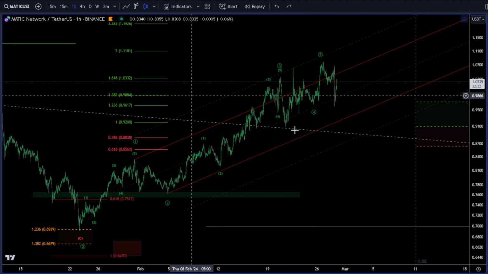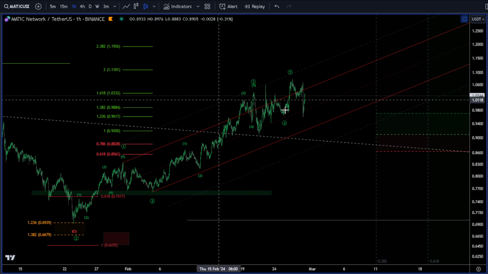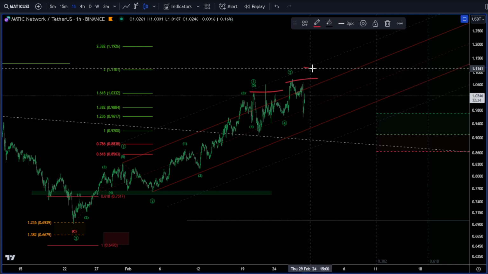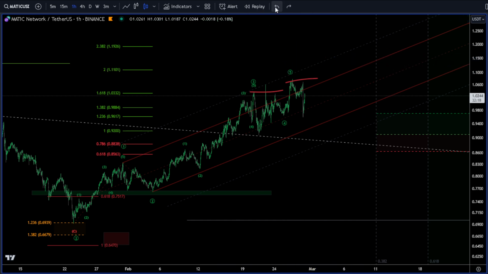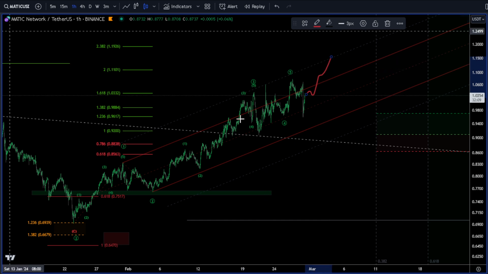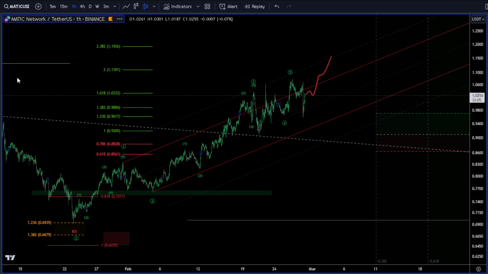Now, there are issues with that. We basically just double topped, which is fine. It's allowed, but we were looking for between 111 and 119. You can see the ideal was that 113 area, the 618 there. So what I would consider is if we start moving to the upside a little bit to that area, then this actually becomes a WXY as a flat.